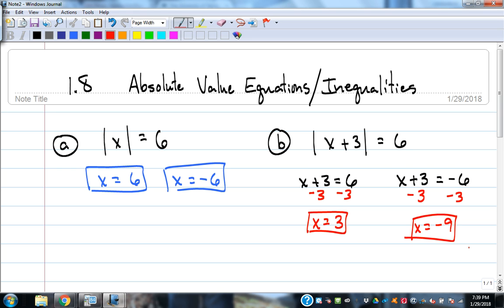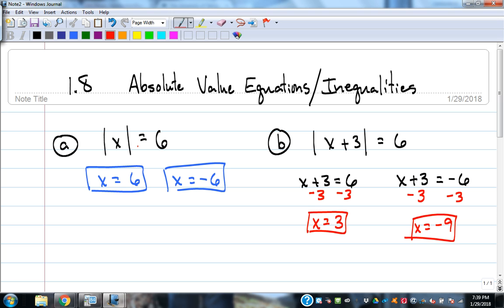If there is anything else inside of the absolute value marks that's added or subtracted, you won't get the same number, positive and negative. The only time you get the same number, positive and negative, is if it is just x, or 3x, or something multiplied times x.